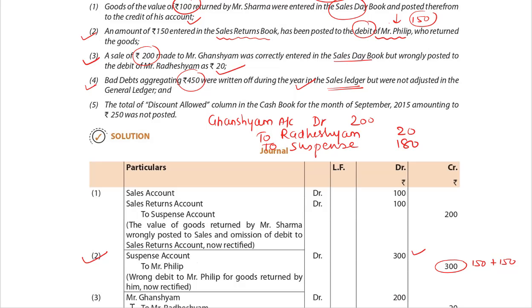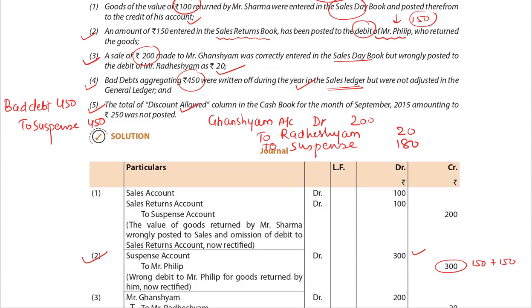So bad debt is not rectified in the general ledger. So we will do it right now. Bad debt account debit to suspense account 450 on both the sides. I hope you are clear.